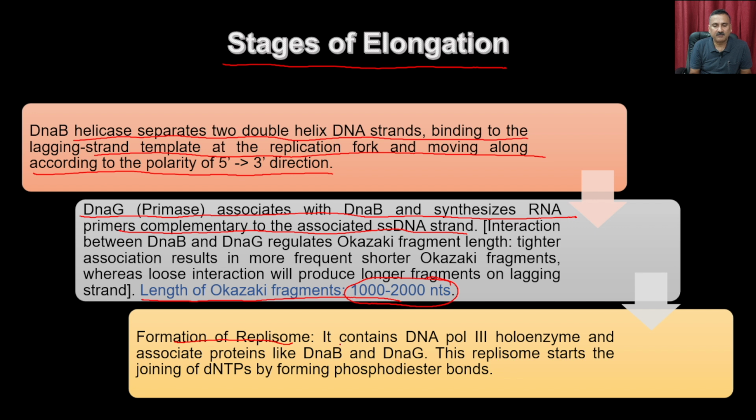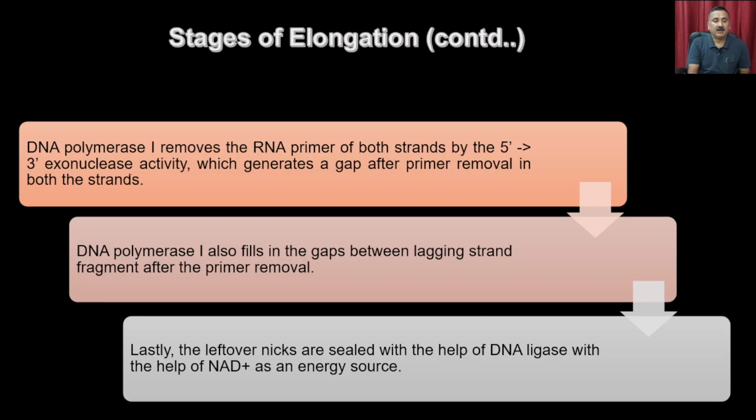Formation of the replisome: it contains the DNA pol 3 holoenzyme and the associated proteins like DNA B and DNA G. This replisome starts the joining of the DNA pieces by forming phosphodiester bonds. DNA pol 1 removes the RNA primers of both the strands by its 5 prime to 3 prime exonuclease activity, which generates a gap after the primer removal in both the strands.